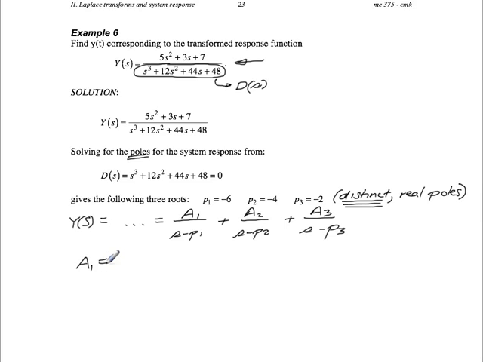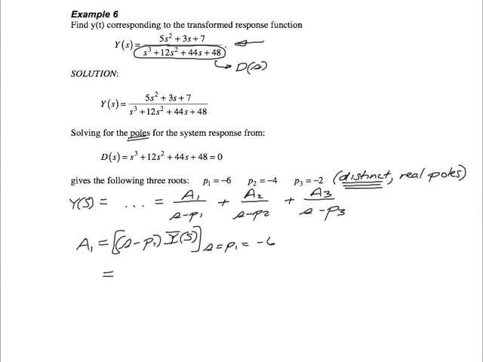It basically says that we take the transform variable s, and multiply Y(s) by s minus the first pole, p1. From that, we substitute in s equal to p1, which, from here, is minus 6.